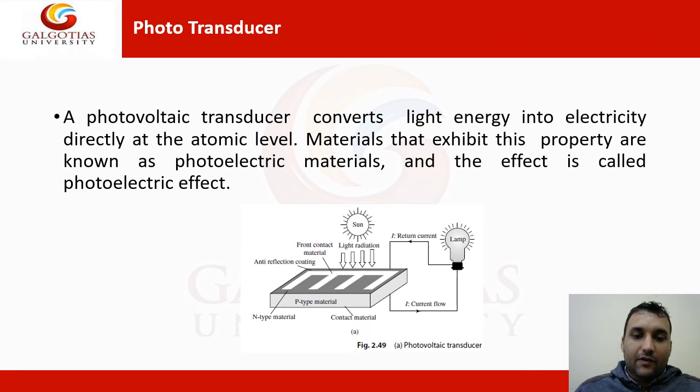The coating is provided with n-type material. This is the contact material. When the p and n type junction is made, a flow of voltage occurs. So this is the power supply, and this is the circuit. When light radiation passes through the p-n junction, some voltage is generated. That's enough to light the lamp. So this is how photovoltaic transducers work.